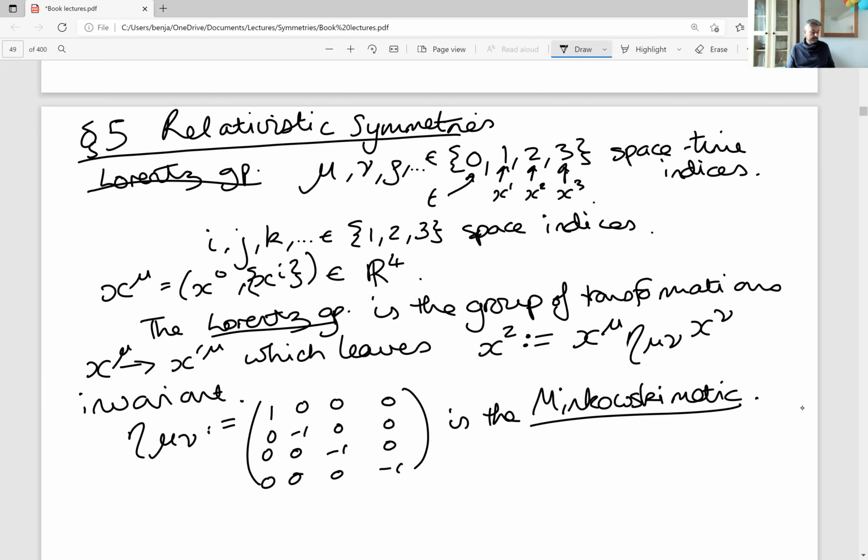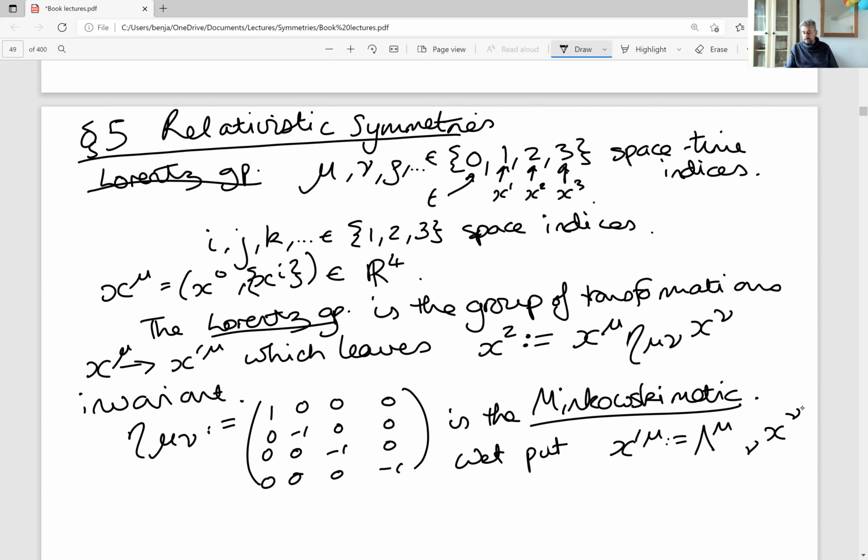Okay, so the idea here is that x prime and x are related just by a linear transformation. There's some matrix which gets you from x to x prime. So we put this matrix equal to lambda, so x prime^mu = lambda^mu_nu x^nu.